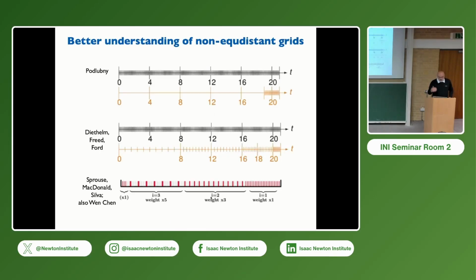Now we understand, in this sense, why those non-equidistant grids worked. We also understand that those non-equidistant grids should be created taking into account the order of differentiation, because here they do not take into account the order. The character is similar, but not adjusted to the order of differentiation, not optimized.